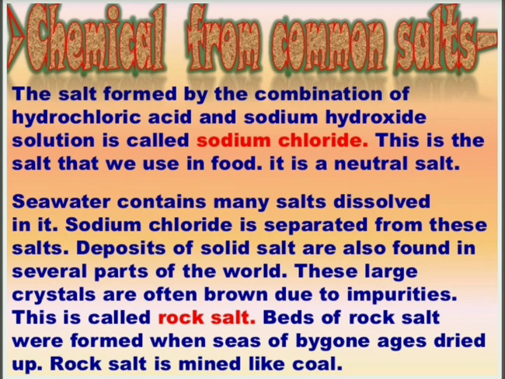Okay. And after mining of this rock salt, it undergoes many processes and after that processing it becomes easier for us to use. Okay. So we have discussed here sodium chloride, common salt, and rock salt, the salt which we usually eat during our fast. Okay.